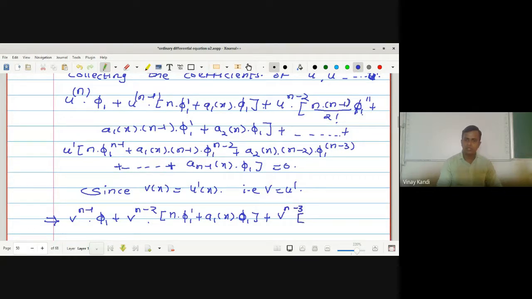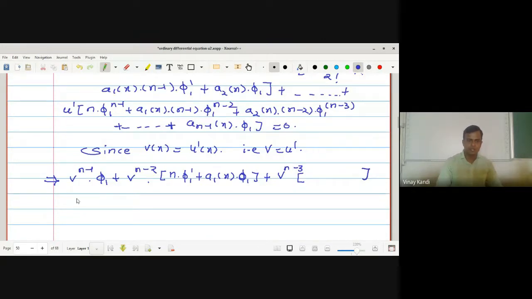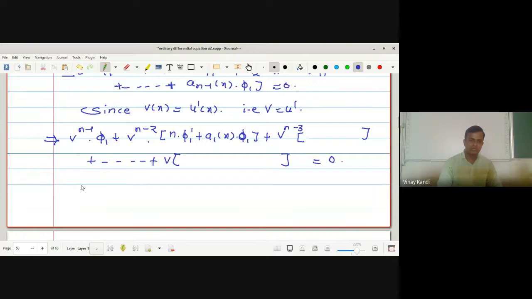Okay, the bracket is written the same as before. Up to so on, at the last v u dash is equal to v into this whole bracket, which is equal to 0. Okay, since phi 1 of x is not equal to 0 on I.